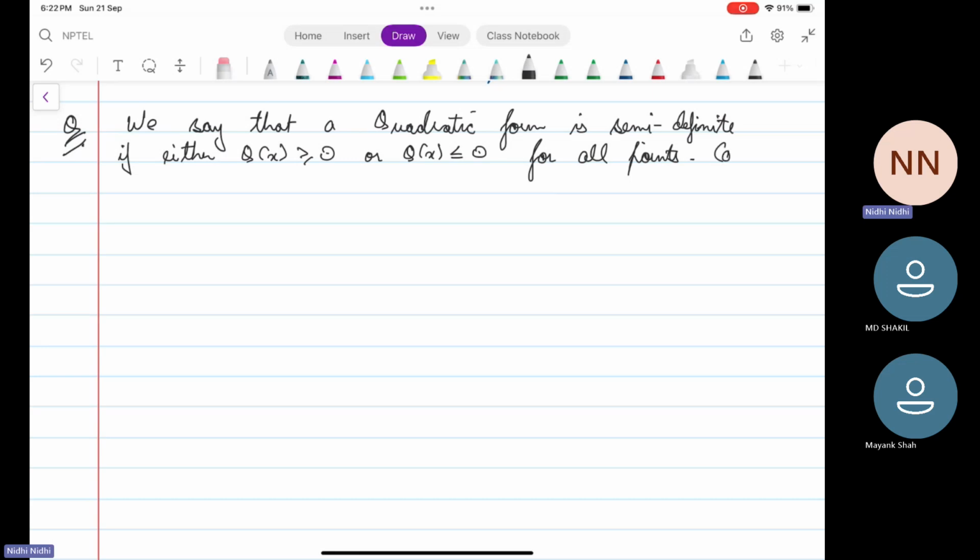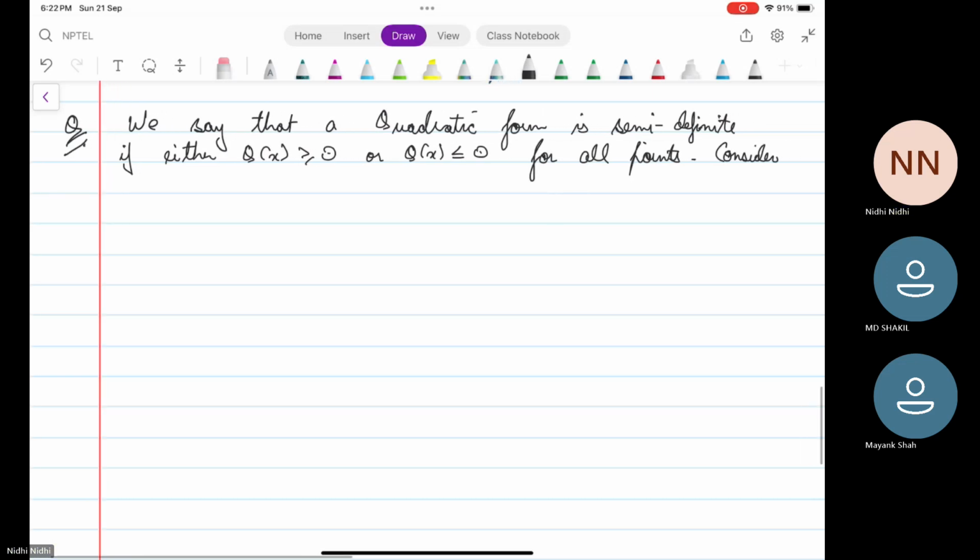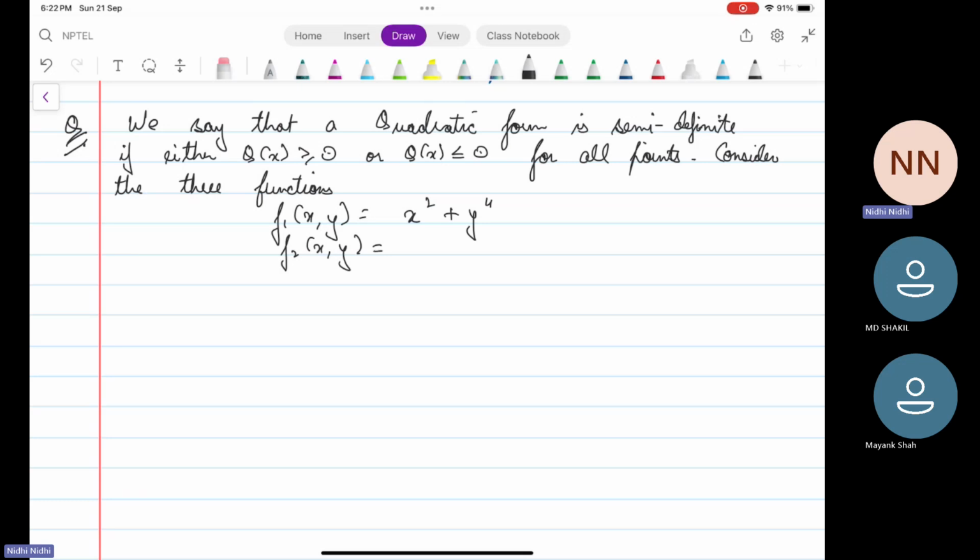Consider the three functions. f1(x,y) is x squared plus y to the power 4. f2(x,y) is the negative, minus x squared minus y to the power 4.